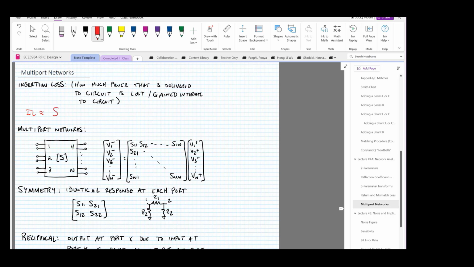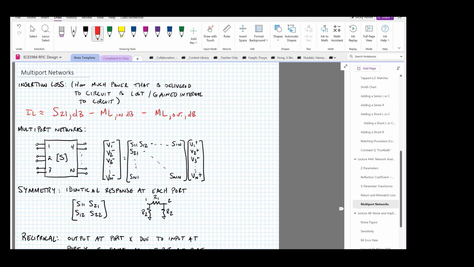And insertion loss is equal to S21 in dBs minus the mismatch loss at the input in dBs minus the mismatch loss at the output in dBs.